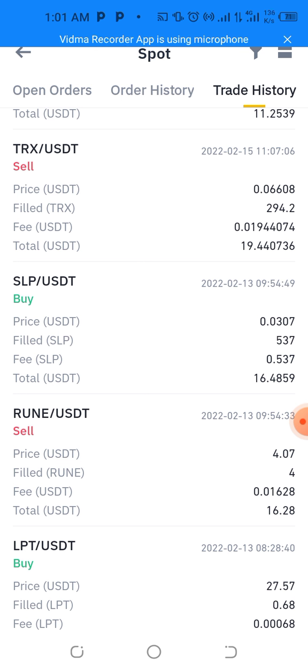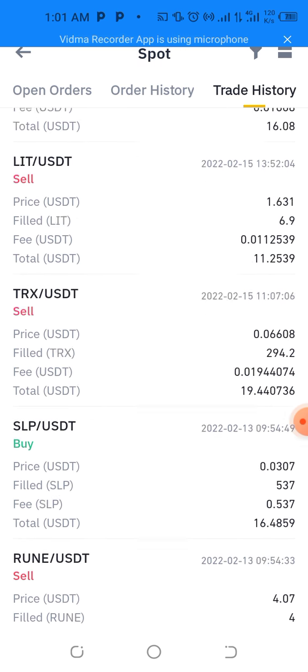I bought SLP with 16 USDT. The SLP I bought with 16 USDT was 537, at the current price of SLP at that time, which was 0.0307.